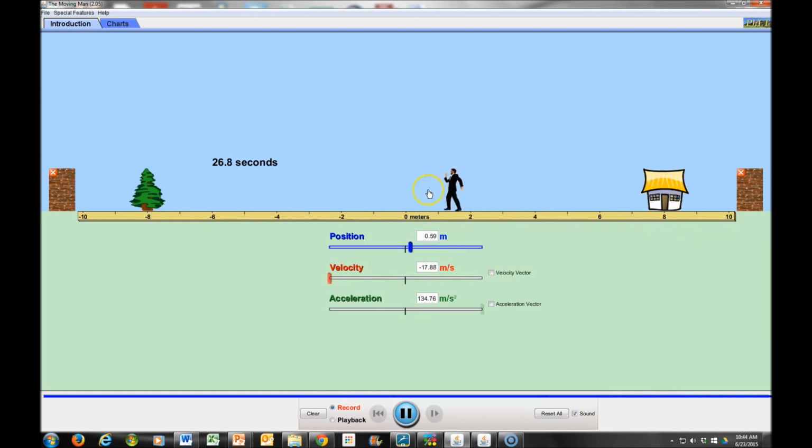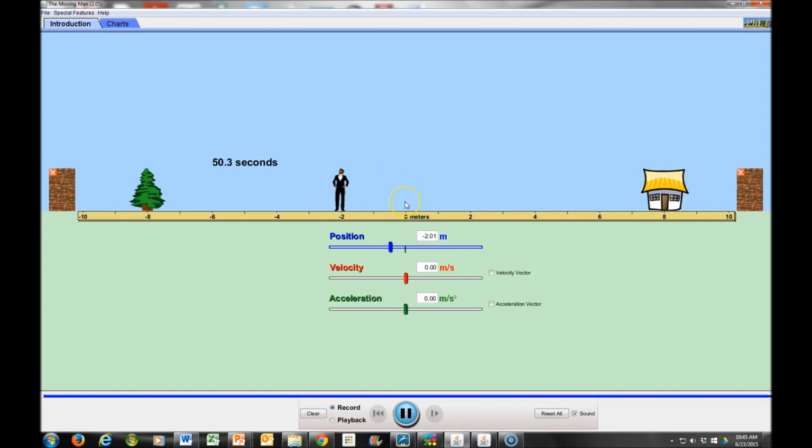Now let's say, for example, I started at 0, I go to the house, and then I go all the way back here to -2. So we would say the distance I traveled is 8 meters this way, and then another 10 meters this way, which means my distance is 18 meters. My displacement, however, is based on how far from where I started.